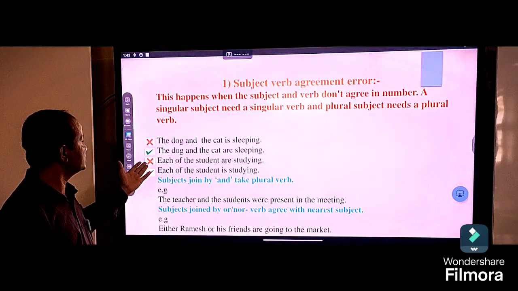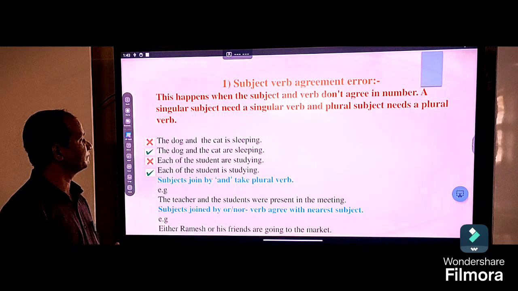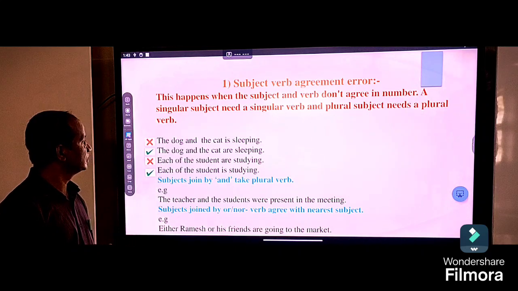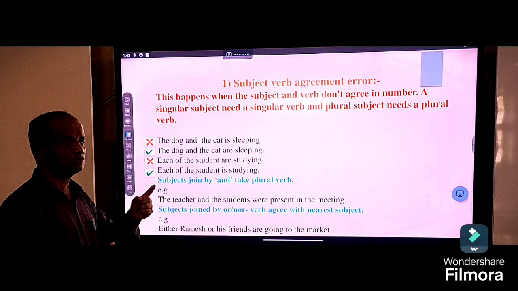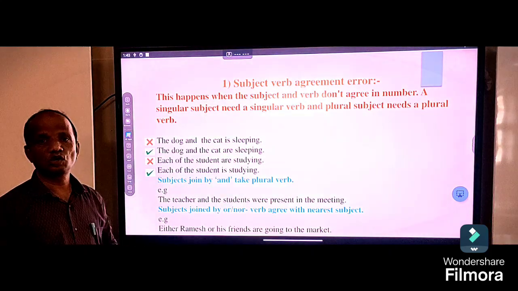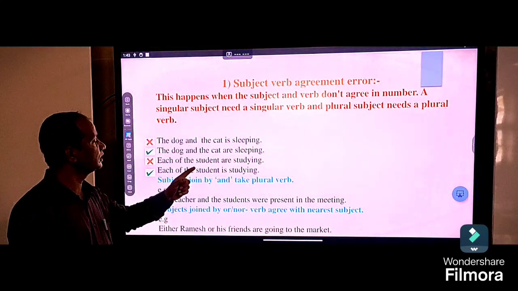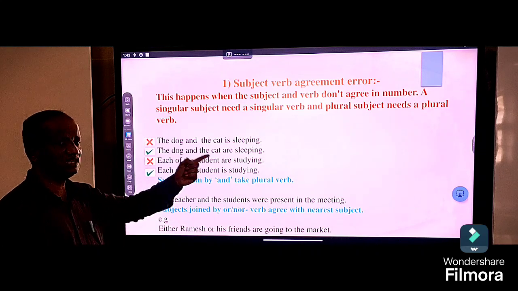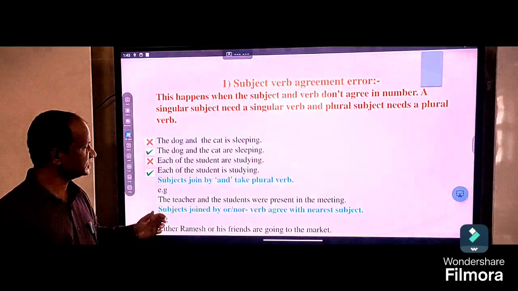Then the second sentence: each of the students are studying. Here it is an incorrect statement because the subject, each of the students, is singular. So our verb should be singular. So the correct statement will be: each of the students is studying.